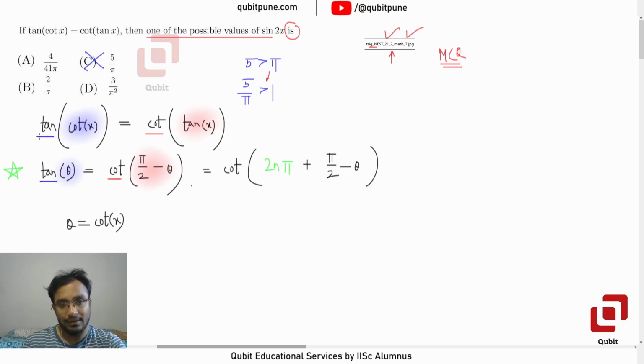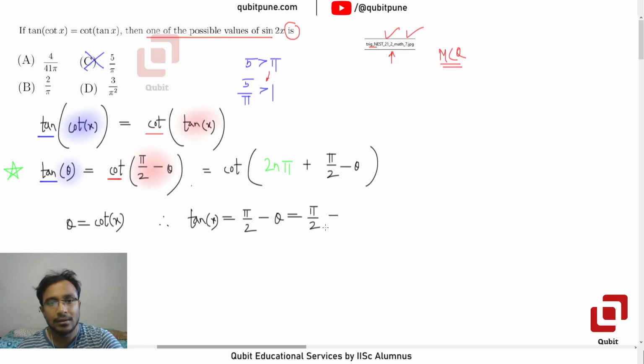Correct? Tan of something is equal to cot of something, and tan of theta is equal to cot of pi by 2 minus theta. The two things can now be changed. So look here. If theta is cot x, then tan x becomes pi by 2 minus theta, or pi by 2 minus cot x, because theta is cot x, right?